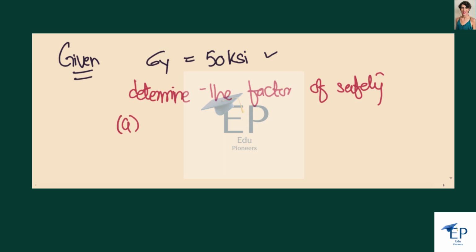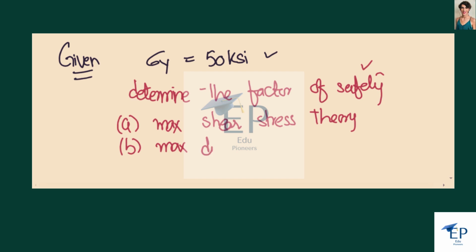First, we will determine the factor of safety considering the maximum shear stress theory. And part B, where we will again determine the factor of safety considering the maximum distortion energy theory.